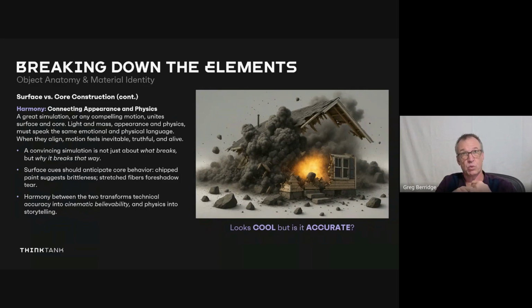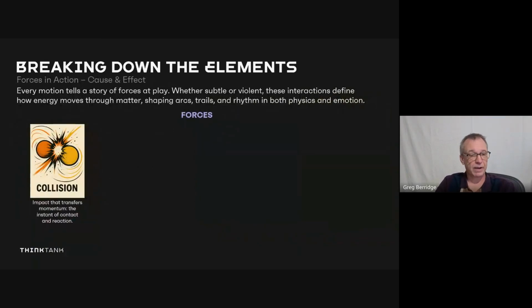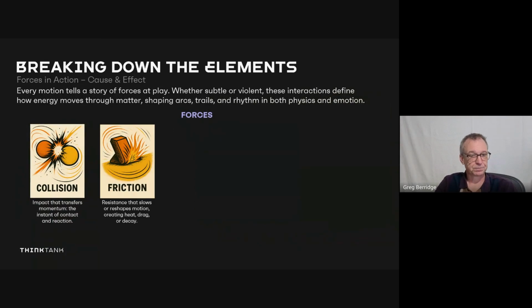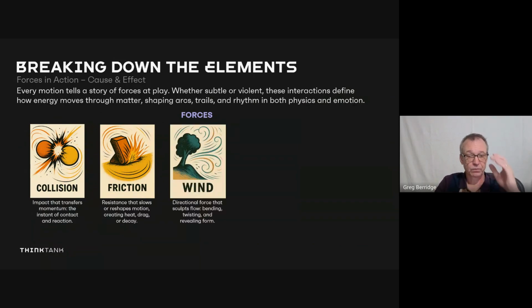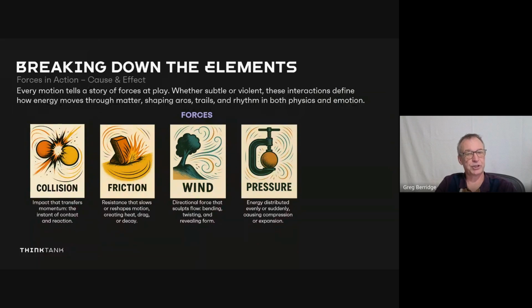But what happens when the wood comes in contact with glass, or shingles or stone, and so on and so forth? That's a big part of it. Friction. This is resistance that slows or reshapes motion. It can sometimes create additional heat or even drag and decay. Wind, right? Directional forces that can sculpt the flow, bending, twisting, revealing form.